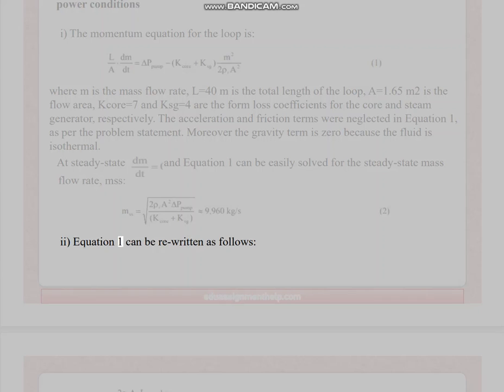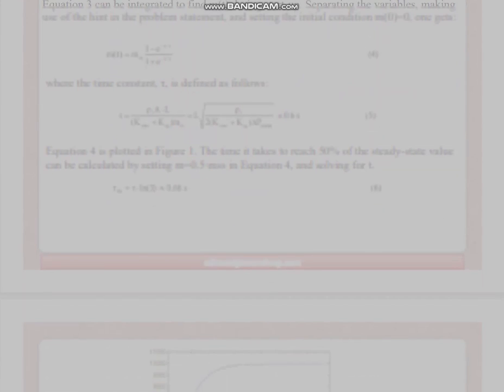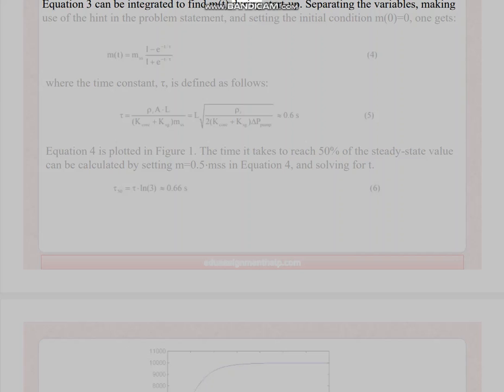2. Equation 1 can be rewritten as follows. Equation 3 can be integrated to find m(t) during startup. Separating the variables, making use of the hint in the problem statement, and setting the initial condition m(0) equals 0, one gets equation 4, where the time constant, tau, is defined as follows.